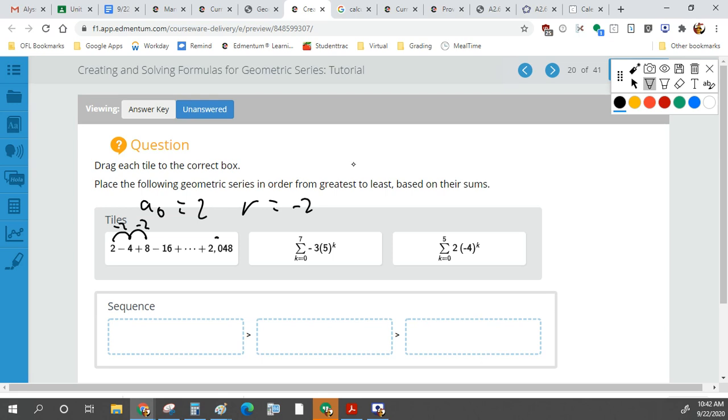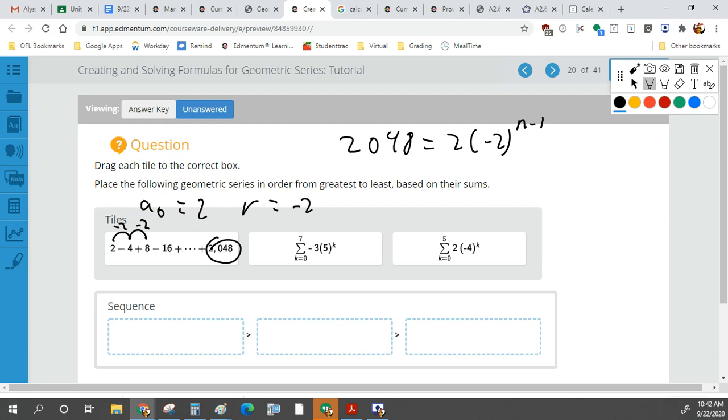And we're going to keep going until something happens. We're going to do this weird thing right here, and it's going to be equal to what our formula was, which was 2, negative 2 to the who knows what power, right?